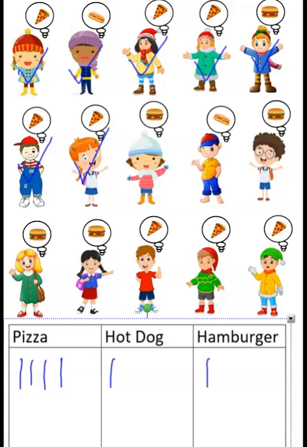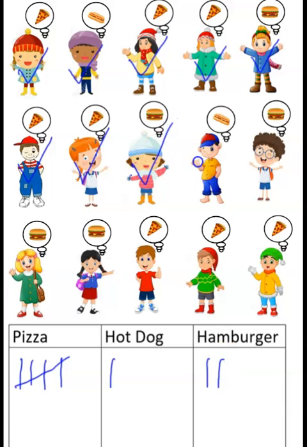Okay, so tally marks allow us to group in 5. So I already have 1, 2, 3, 4. And so the 5th one, I'm going to go at a diagonal. And now I know I already have 5. That's the great thing about tally marks. So I can look at that and know I already have 5. Great job. Okay, so now a hamburger.